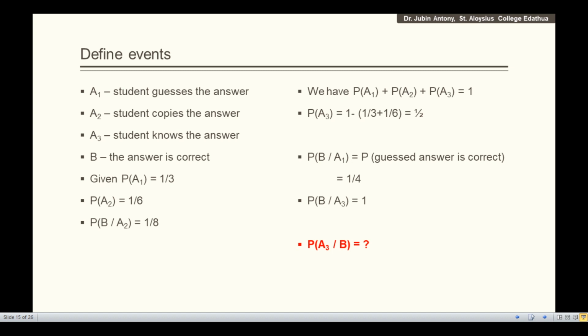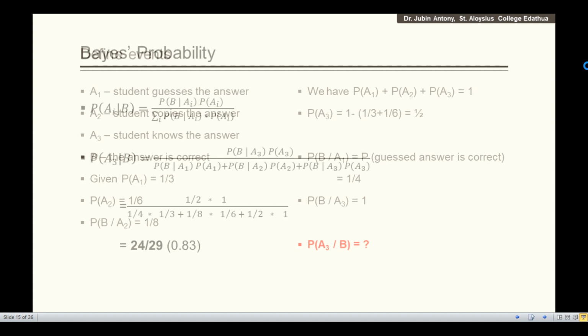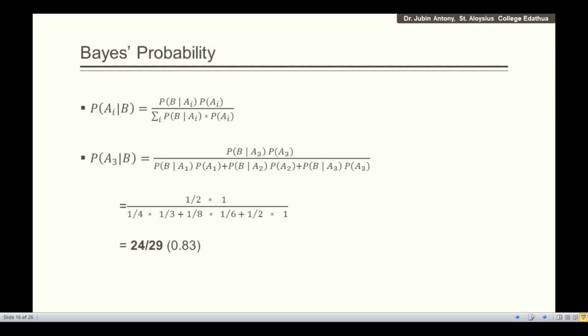Here, we need to find the probability that the student knew the answer if the answer given is correct. That is, we need to find probability of A3 given B. Substituting, we will get the probability as equal to 24 divided by 29, that is 0.83.